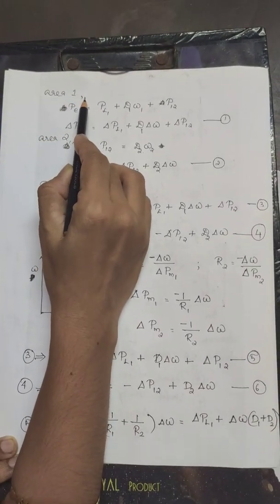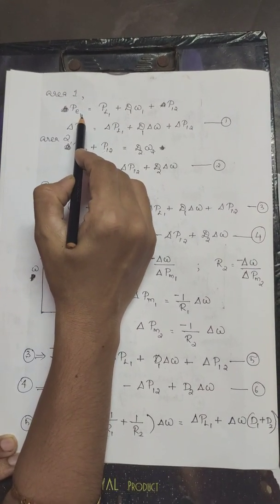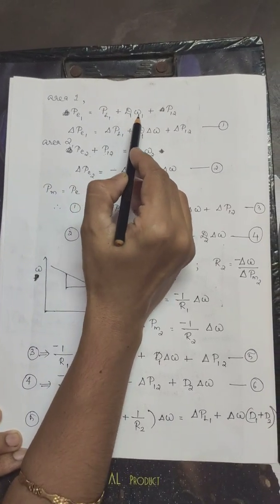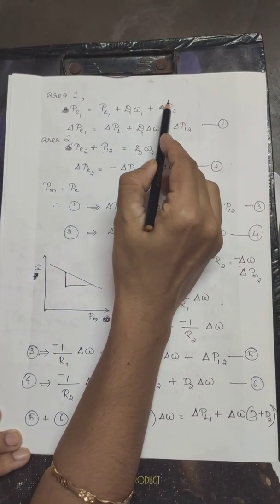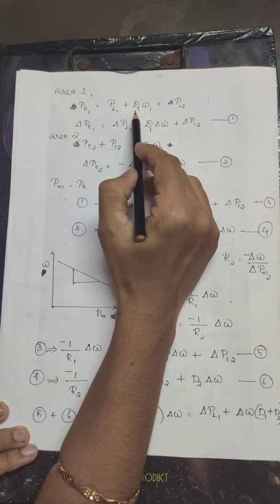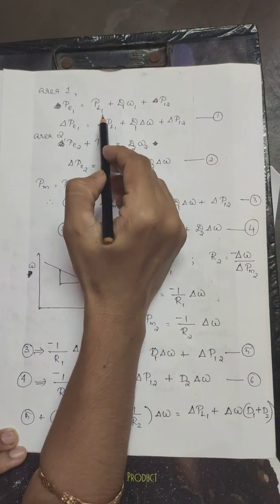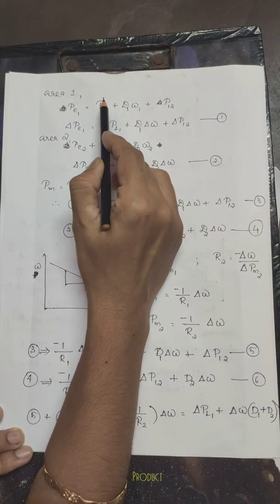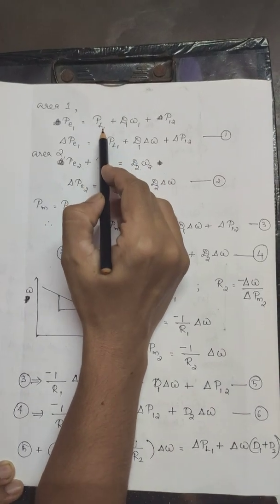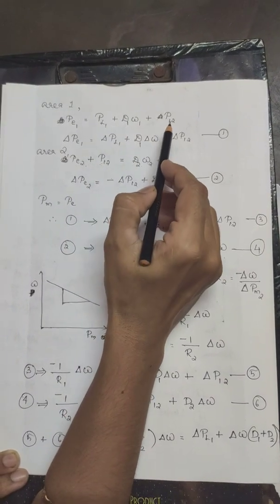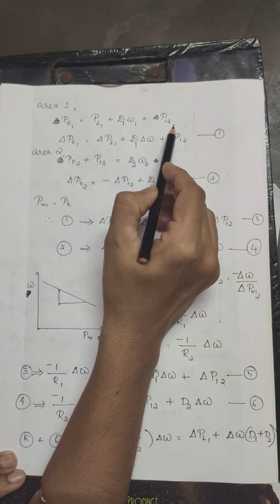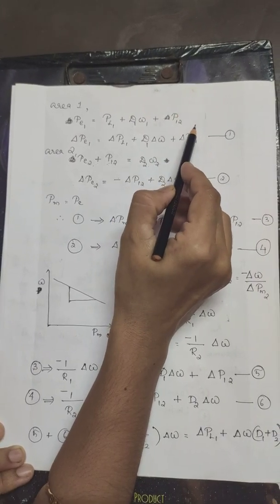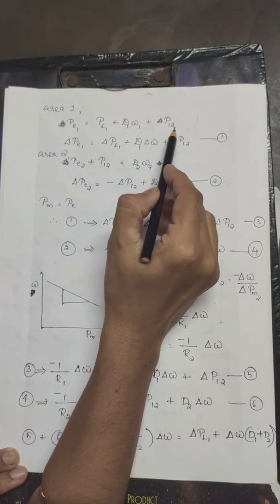So for area 1, the total electrical power has to be supplied to frequency independent loads, frequency dependent loads, as well as the tie line power flow. So our first assumption was that there is a load change delta PL1 occurring in area 1. That means there is a frequency independent load PL1 in area 1. As well as a second assumption, we have stated that the tie line power is flowing from area 1 to area 2. So area 1 has to supply the tie line power.